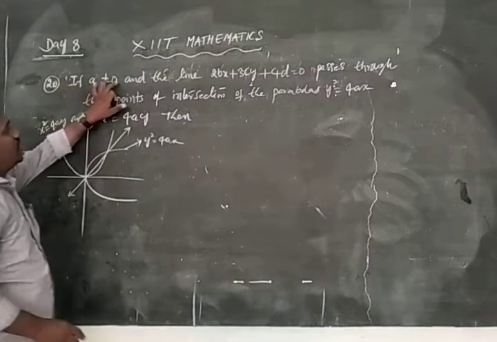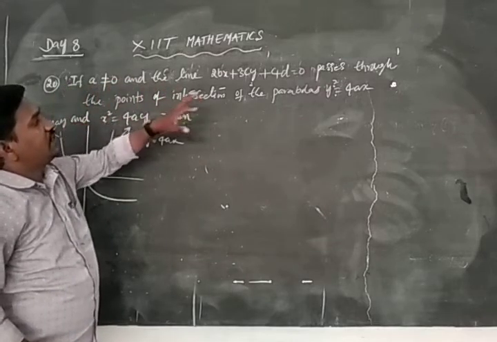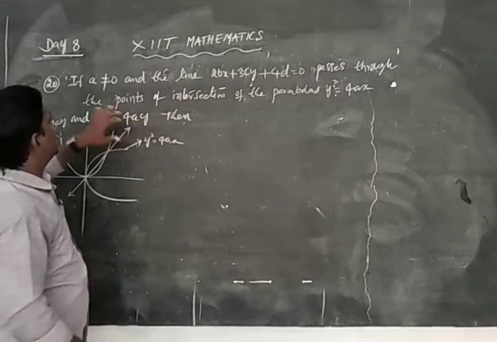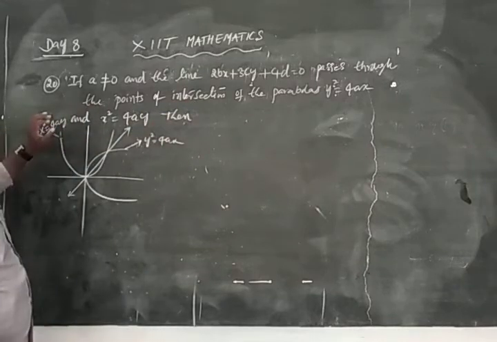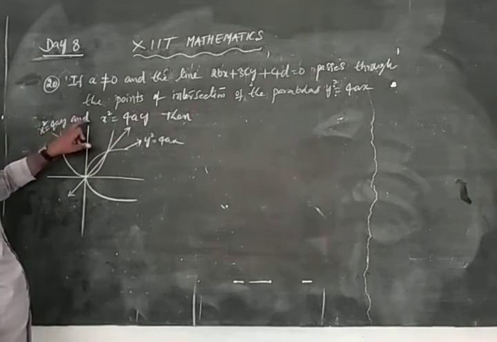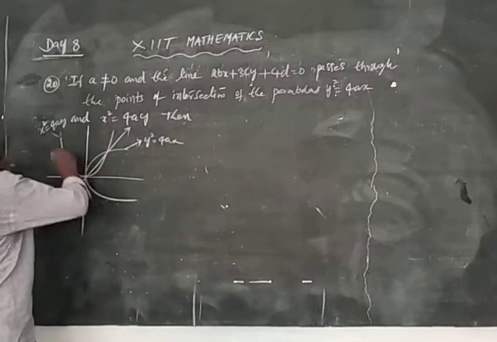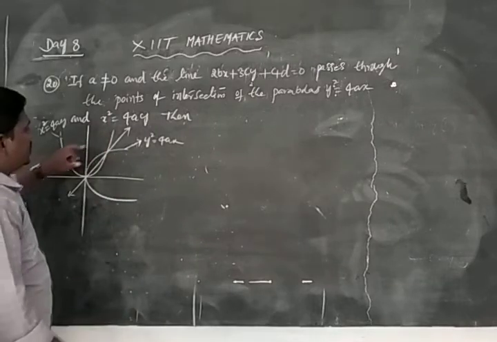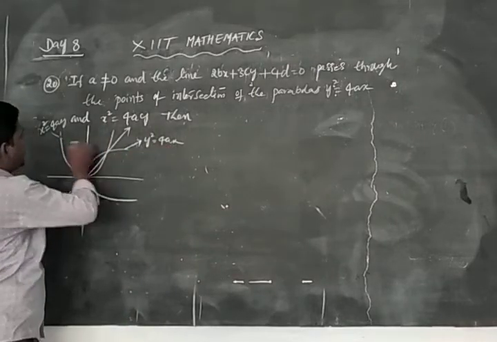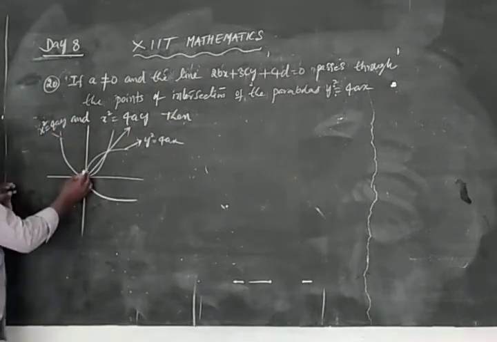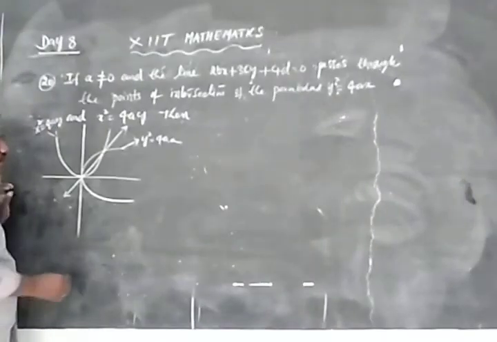If a not equal to 0, the line 2bx plus 3cy plus 4d equal to 0 passes through the points of intersection of the parabolas y square is equal to 4ax and x square equal to 4ay. Okay, this is y square is equal to 4ax, this is x square is equal to 4ay. These are the points of intersection.